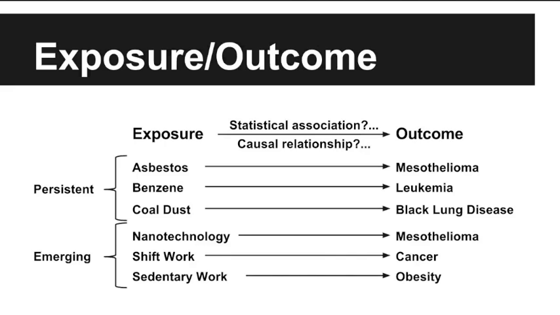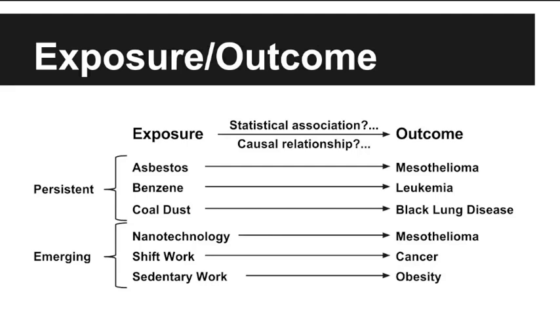And just as occupational epidemiology was used to establish those as hazards in the workplace, occupational epidemiology research is now looking at emerging hazards. In studies of rodents, exposure to particular types of nanoparticles resulted in the same form of aggressive lung cancer as asbestos exposure.